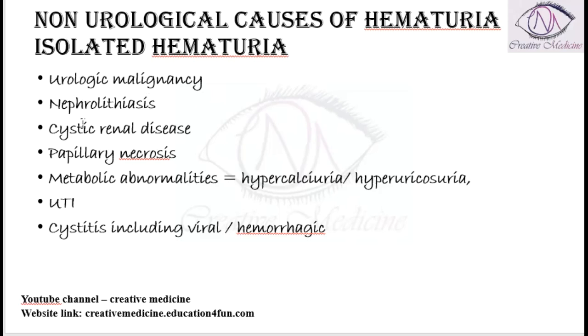In all of them, there can be kidney stones. If there is cystic renal disease, papillary necrosis, metabolic abnormalities like hypercalciuria and hyperuricosuria, urinary tract infections, cystitis including viral or hemorrhagic cystitis, all these are also causes of isolated hematuria, that is, without proteinuria. There is only isolated hematuria present.